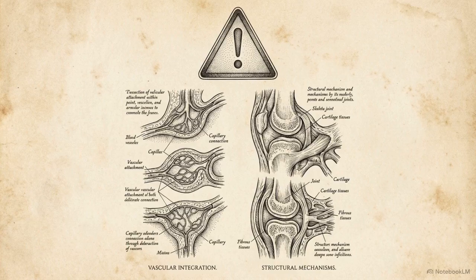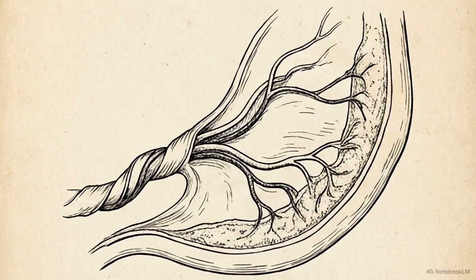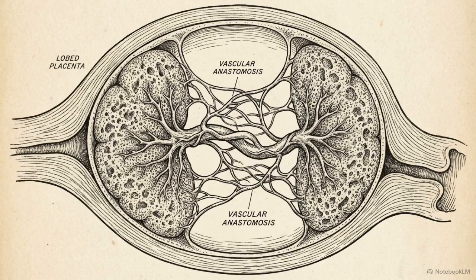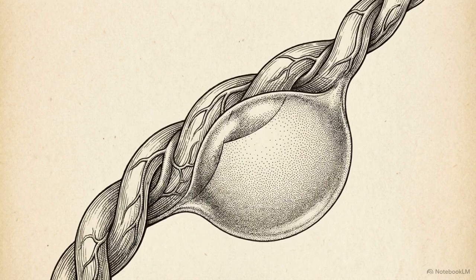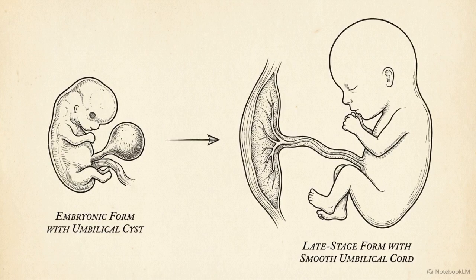Vasa previa occurs through 2 distinct mechanisms. Type 1 is driven by the velamentous cord insertion we just mapped. Type 2 occurs when fetal vessels stretch across the os to connect a bilobed placenta, or an accessory lobe, to the main body. Inspect the cord for persistent cysts. These structures, remnants of the embryonic allantoic and omphalomesenteric ducts, typically regress as midline development completes.